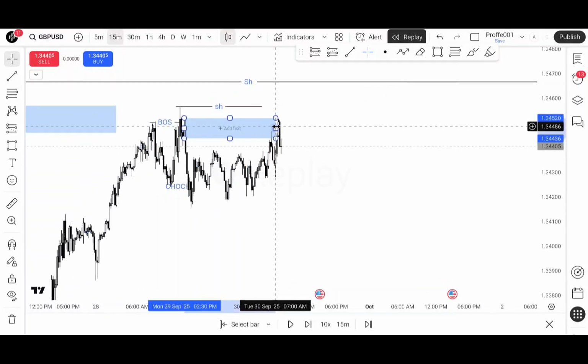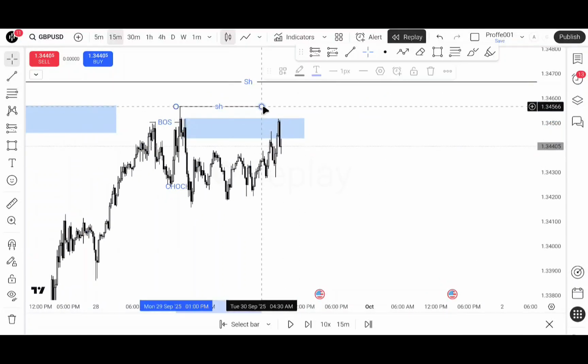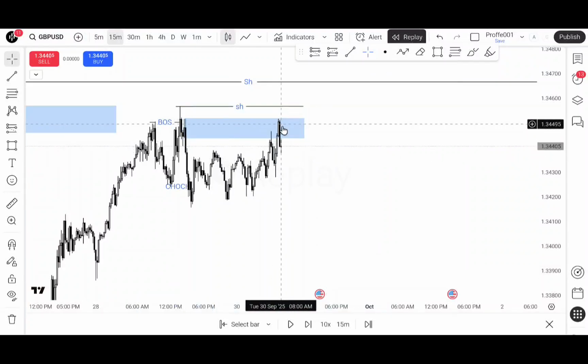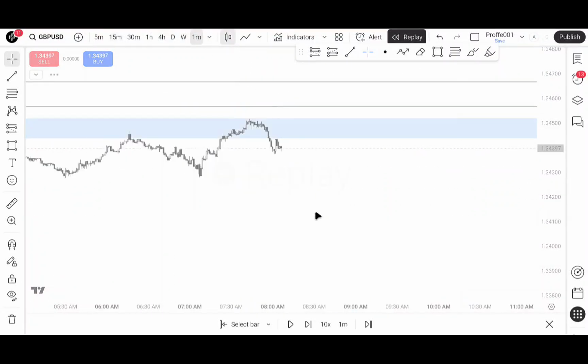From the 15-minute time frame, we can clearly see that the market has tapped into our point of interest. So this is the point we are interested in. We step down to the 1-minute time frame to see how everything is going.